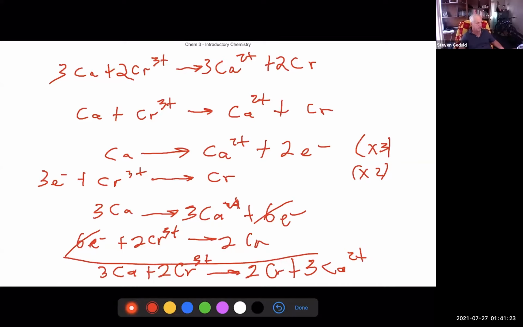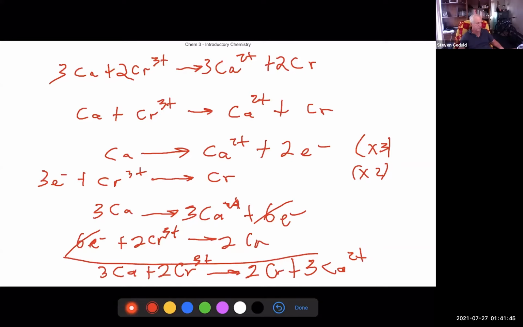Let's do another one, make sure you understand it. Barium reacts with cobalt nitrate. I want to find one that you can balance a little bit harder than that.